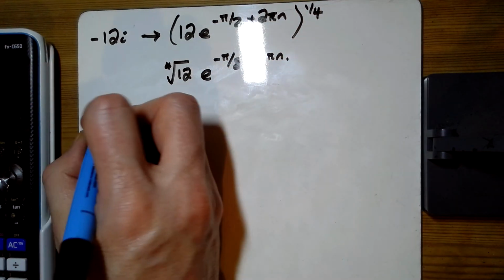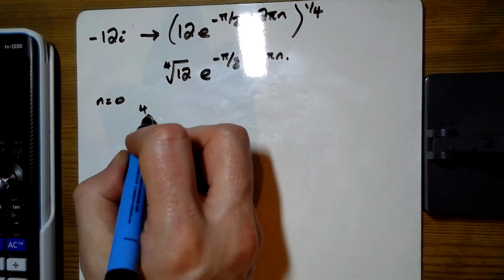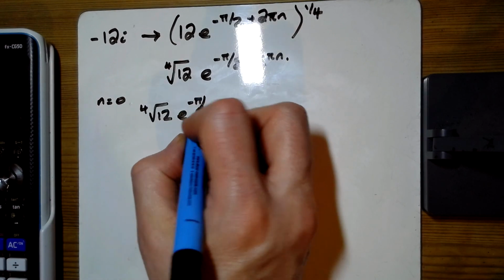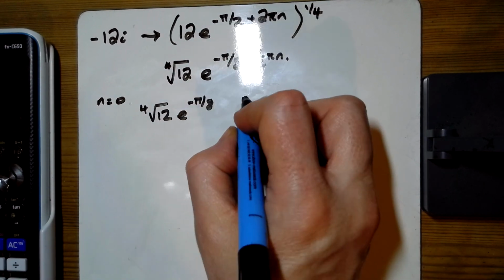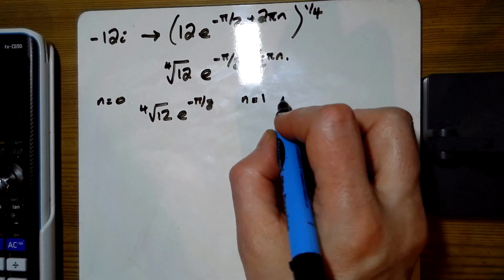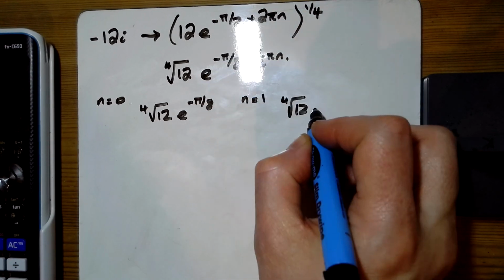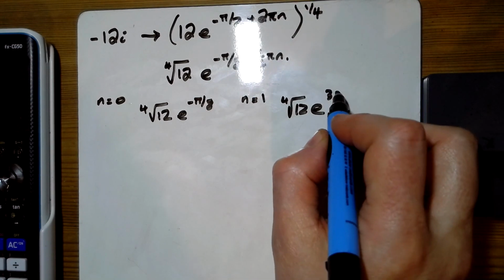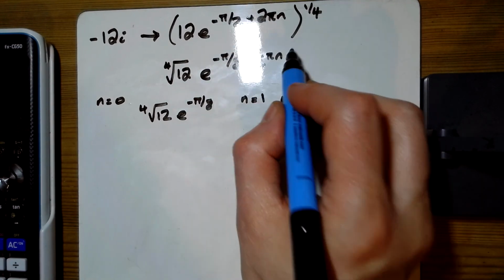So when n is equal to 0, we've got the fourth root of 12 e to the minus pi over 8. When n is equal to 1, we would then have the fourth root of 12 e to the adding a half to that, so that's 3 pi over 8i. I've missed my i out, I always miss my i's out.